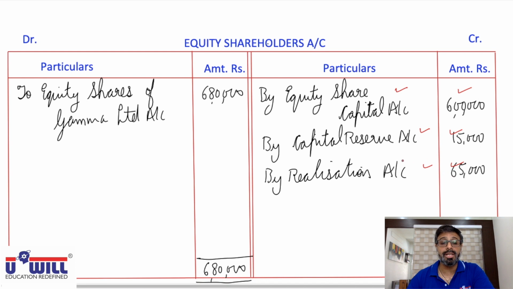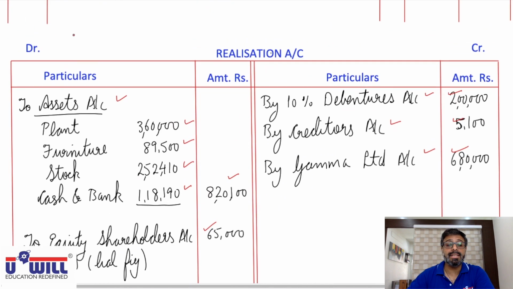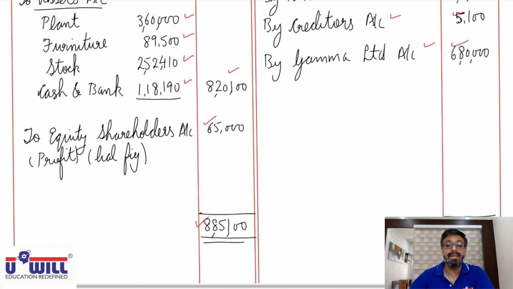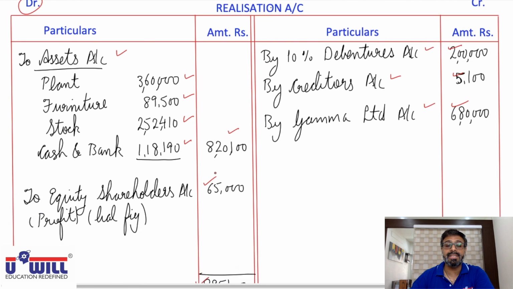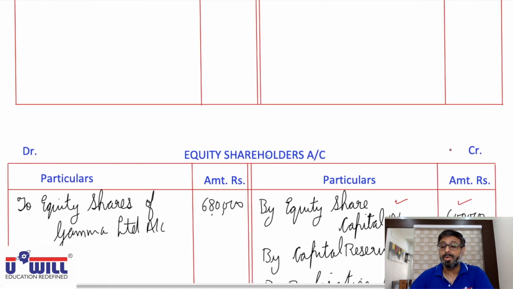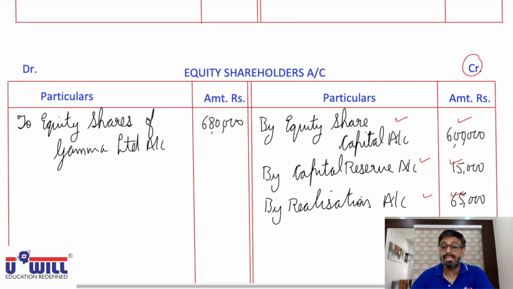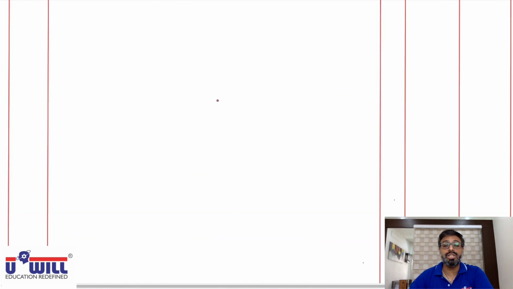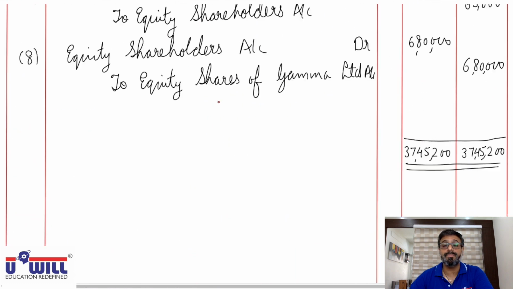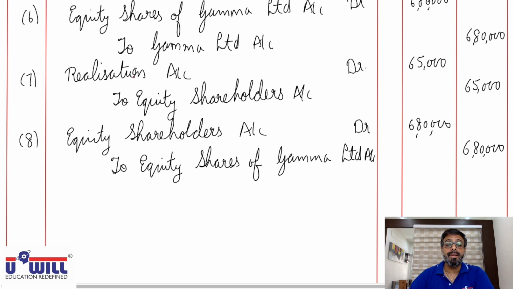Now you'll pass this journal entry. As you can see, it's realization account on debit side. So realization account debit 65,000 and equity shareholders the same entry is on credit side. So to equity shareholders account 65,000. Okay, seventh entry, realization account debit 65,000 to equity shareholders account 65,000.